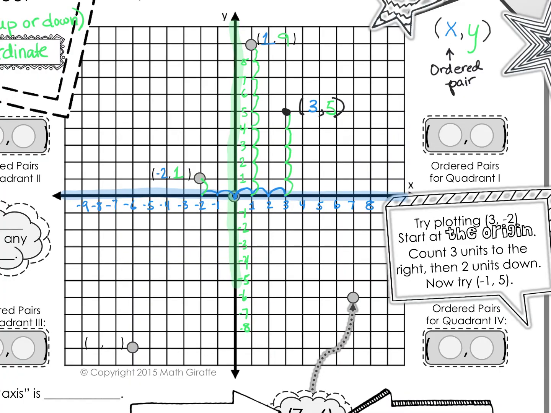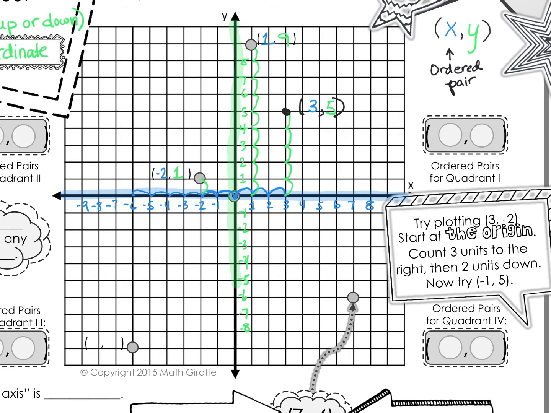We have 2 more points to practice. We're going to practice finding this one and this one. So starting at the origin, I'm going to go either left or right first, and in this case I have to go left. I'm going to go -1, -2, -3, -4, -5, -6.